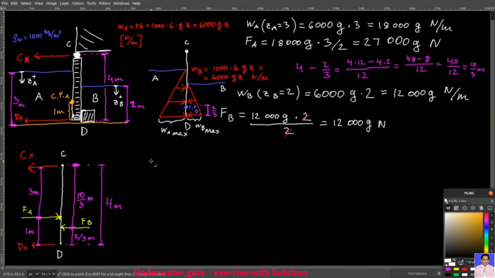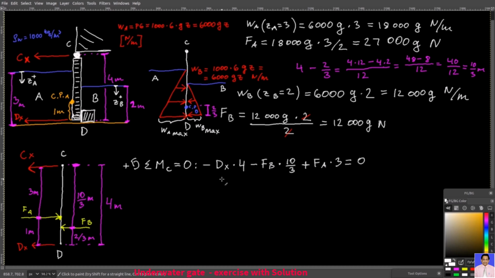So what I will do now, I will calculate the total moment, the net moment, about point C, and it has to equal 0 newtons times meter. So I have minus dx times 4 minus FB times 10 over 3, and then plus FA times 3. And that must be 0. You know your FB and your FA.